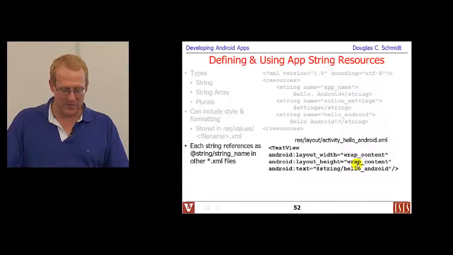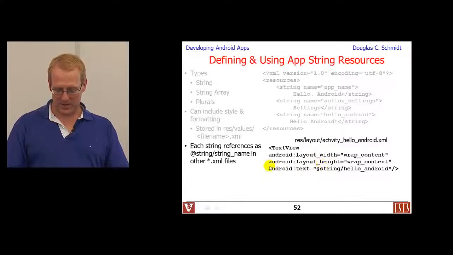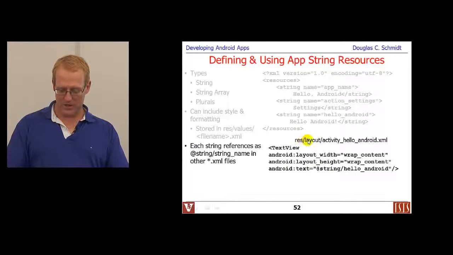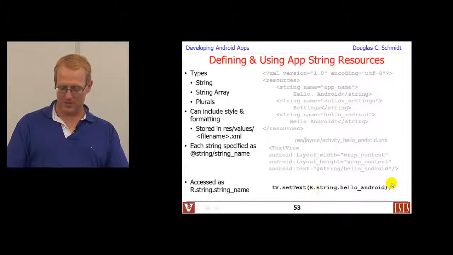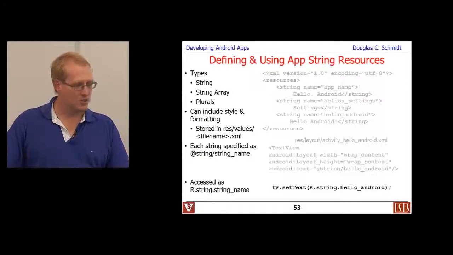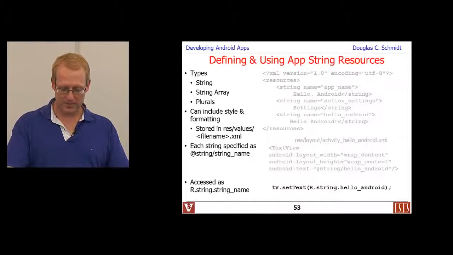Each string is then actually stored in this particular file. So as you can see here, this is how you access it from another file. Here's our res/layout/activity hello Android XML file, and there it references the hello Android string in this file here. Then you could access that by saying R.string.hello_android.